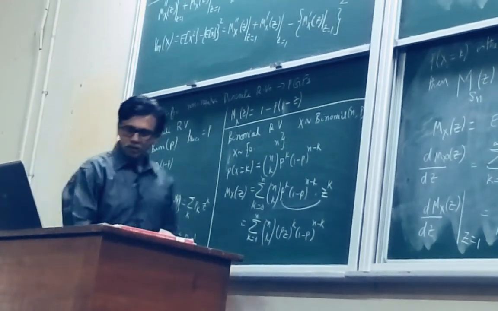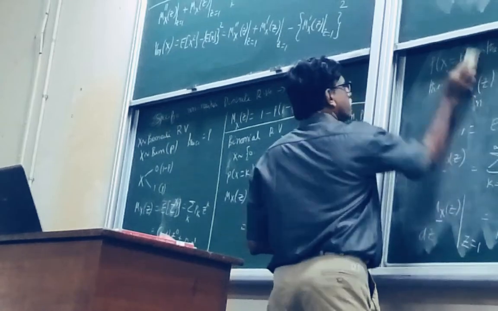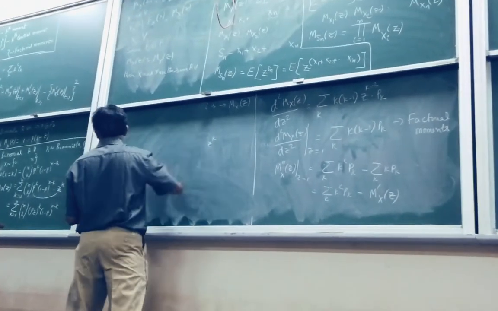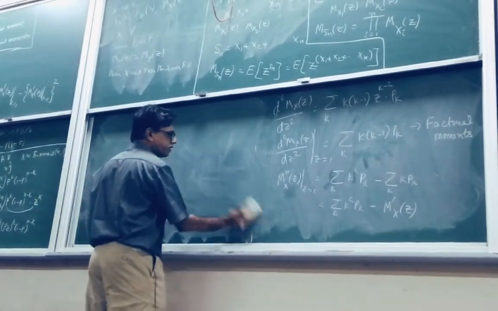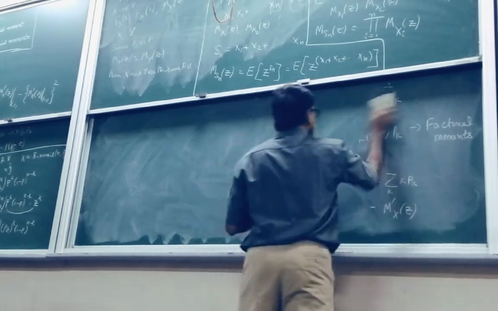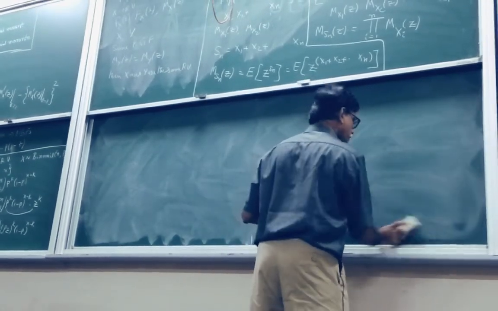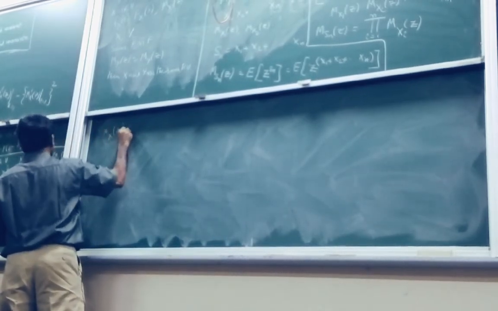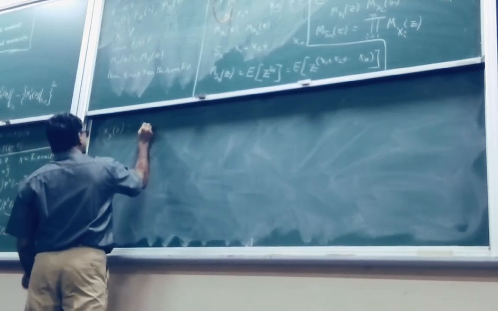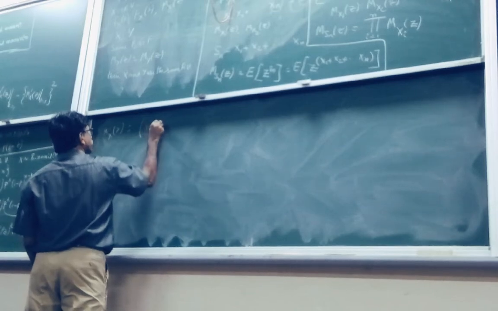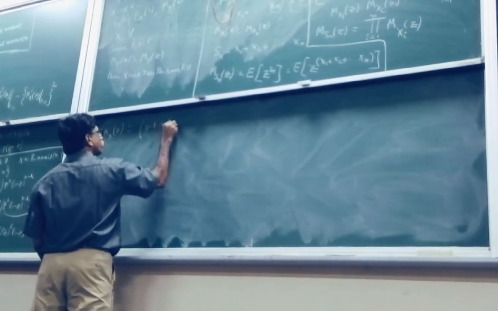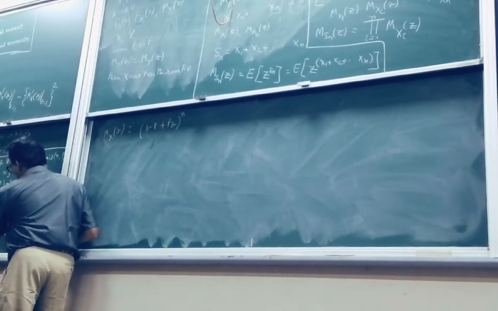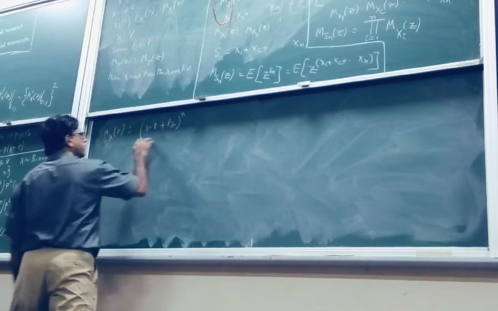Now it is an expansion, again the same binomial expansion, which is nothing but (1 minus p plus pz) power n, because that is the binomial expansion. You can write it like this.